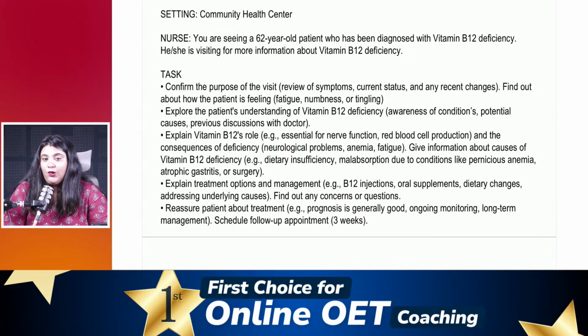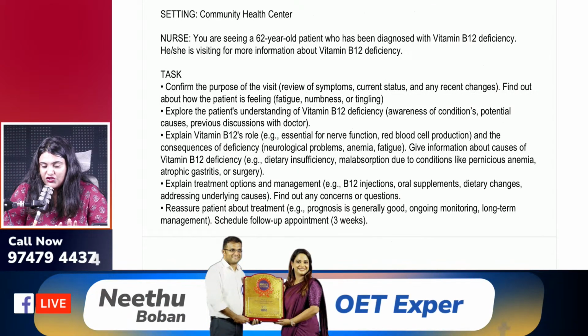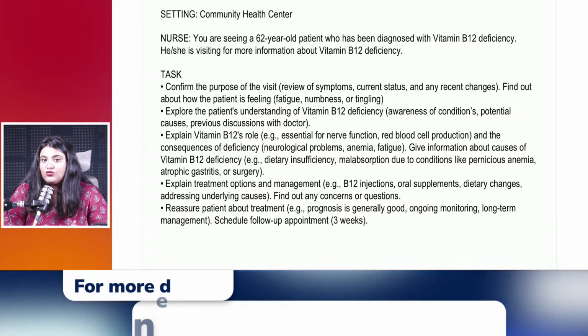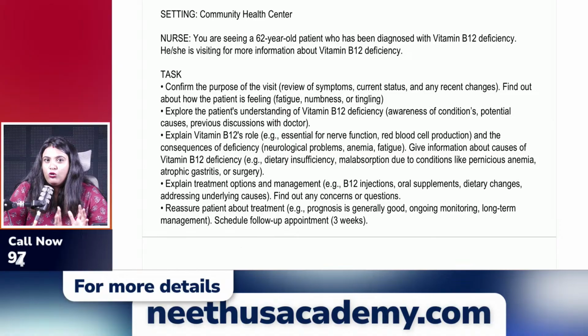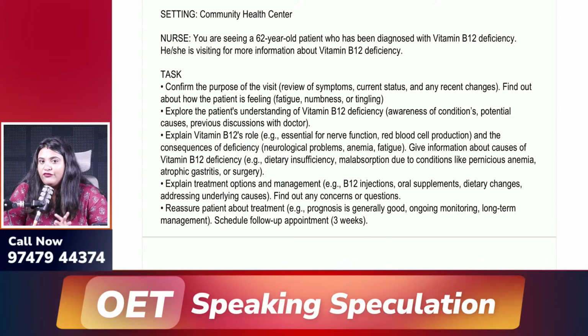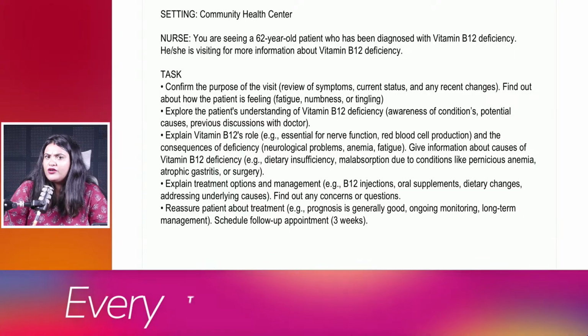Okay. So now let's look into the first task entirely. You have too much information there. The first is review of symptoms, current status, any recent changes. So altogether, you can just come up with one word for this. You're here for a review, or you're here for an assessment of your progress, isn't it? Or you're here for a follow-up checkup.